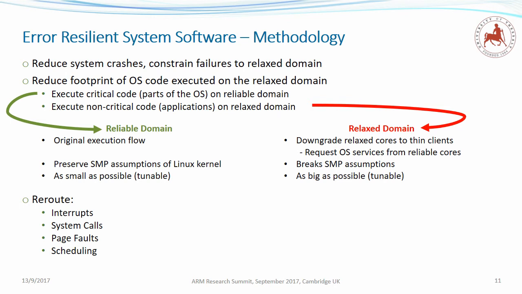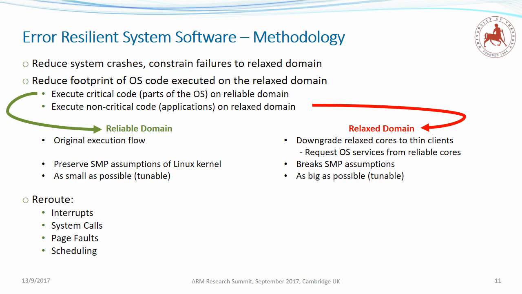We try to reduce the footprint of the code of the operating system executed on unreliable hardware. The critical code, so the operating system or parts of it, is executed on the reliable domain, and non-critical code, maybe parts of the operating system but certainly most applications, is executed on the relaxed domain.